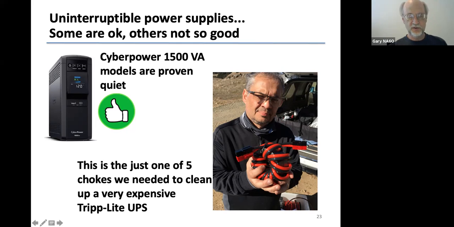This is a noisy SOB, and it's a classic case of an industrial type UPS that we had no control over, but that's what got installed up there, and it's incredibly noisy. There's a write-up on my website about what it took to mitigate that thing. So again, it's a high power device with a switching supply in it. It's going to generate some amount of noise. But once in a while you find a company like CyberPower that took care to do the correct filtering inside, and it's very quiet.